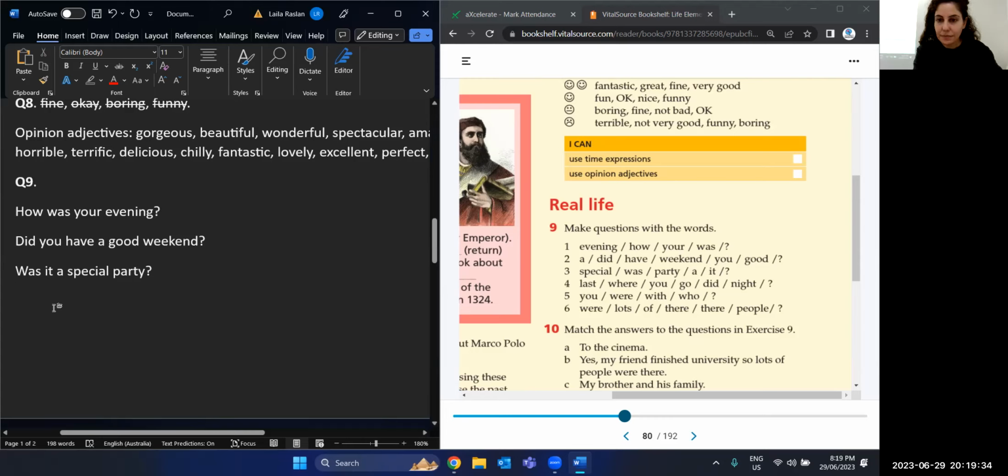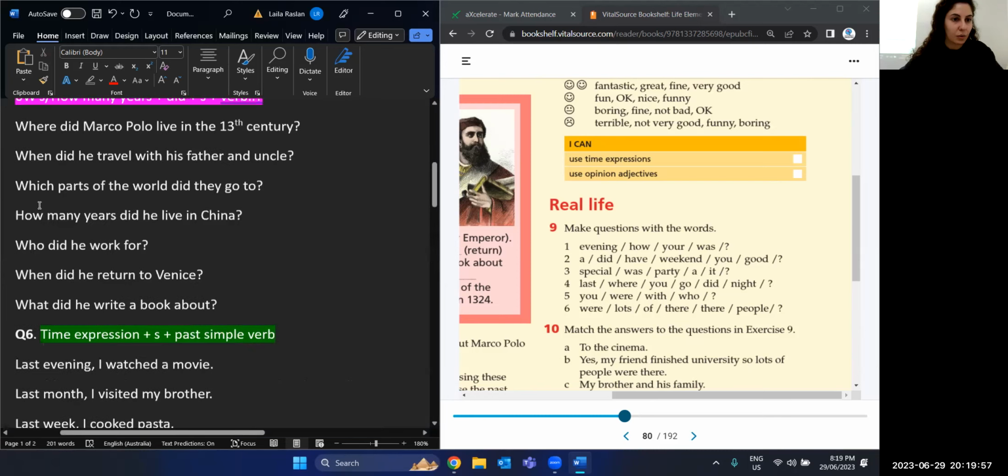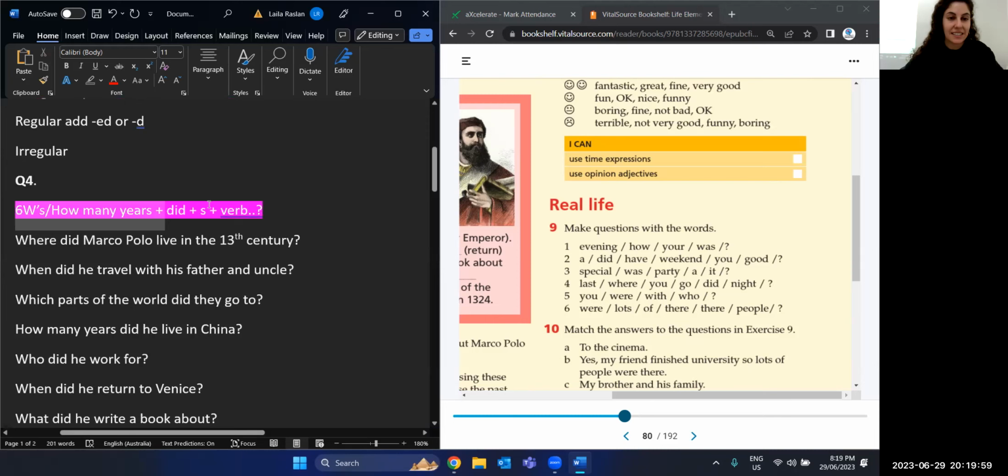Where? Yeah, where did? So remember the rule here? We have here, where did subject verb.